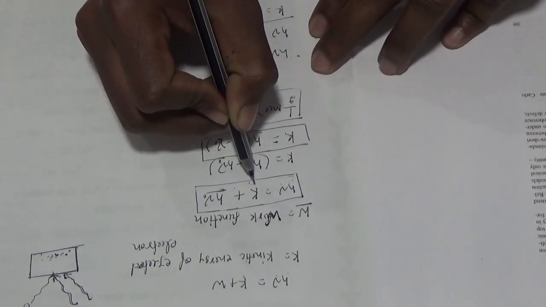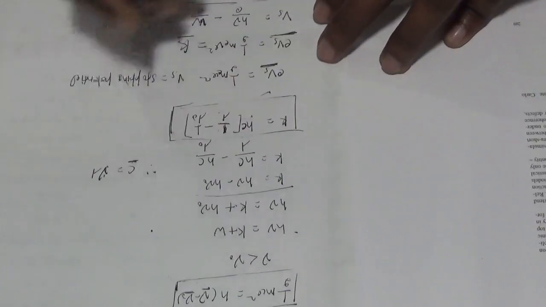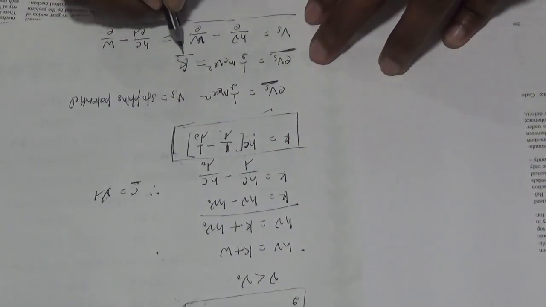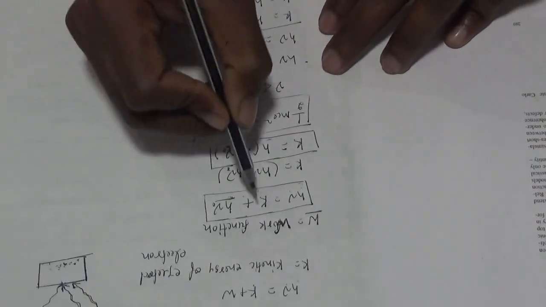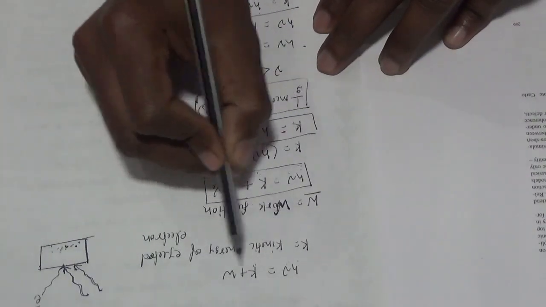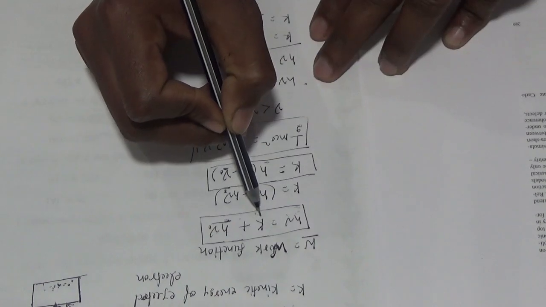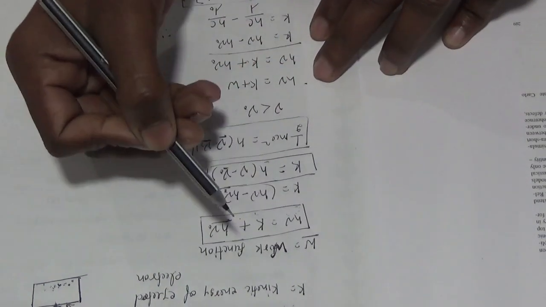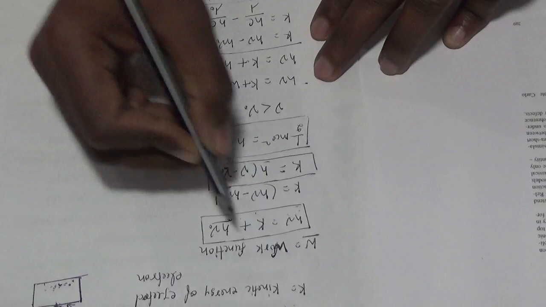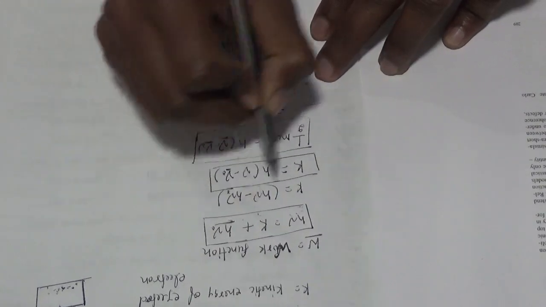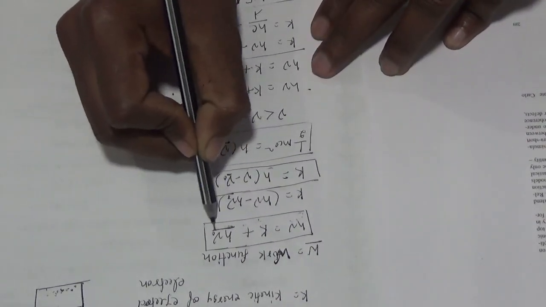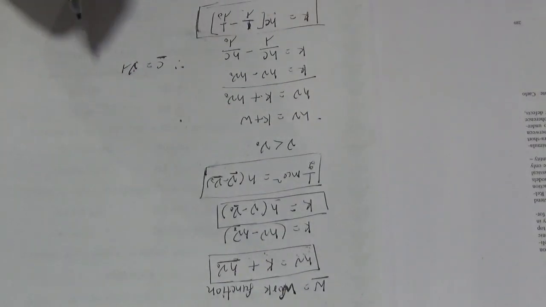So we have written, at the place of k, h nu minus w, and we can get this result: k is equal to h nu minus w. At the place of h nu naught we can write w.